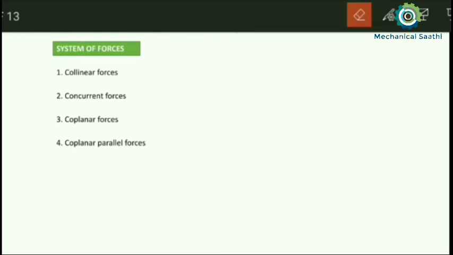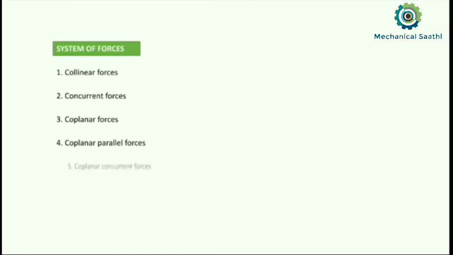Now let us discuss the fifth one, coplanar concurrent. I have already discussed it: all those forces lie in a single plane, and they are concurrent, meaning they also meet at a single point.